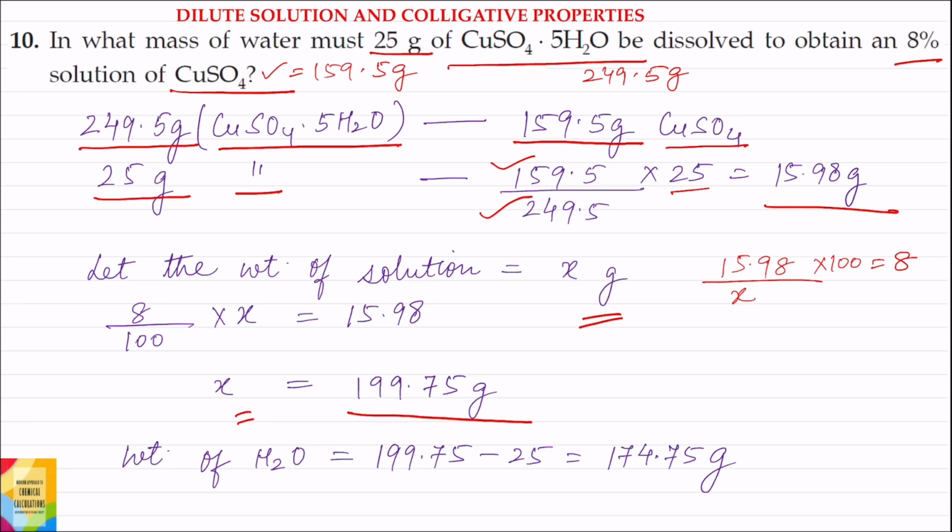So to get the weight of the solvent or weight of water from the weight of the solution, we have to subtract the weight of the solute, that is 25 gram, to get the weight of water, that is equal to 174.75 gram. So this 25 gram of hydrated copper sulfate, which contains 15.98 gram of anhydrous copper sulfate, when dissolved in 174.75 gram of water, will give 8% solution of anhydrous copper sulfate.